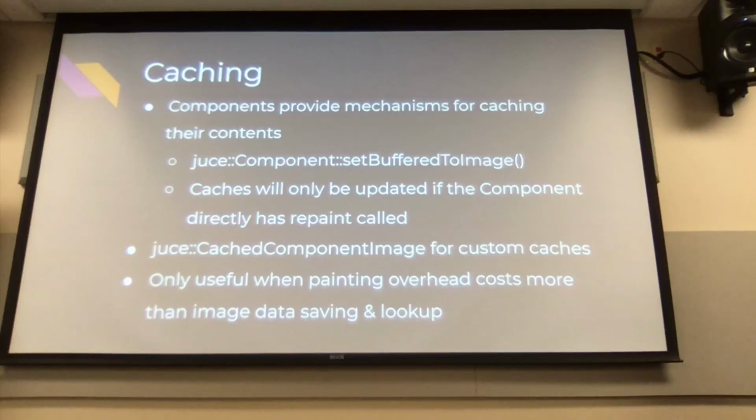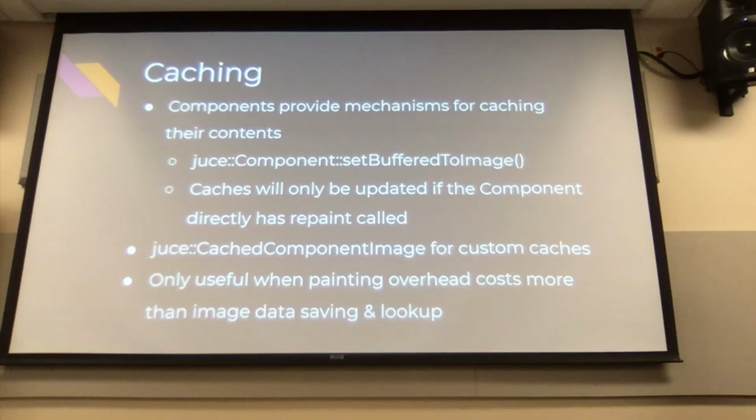As I said before, it's useful when the painting overhead costs more than creating an image on the heap, writing to it, and then going back and getting that data and writing it over again into the context.